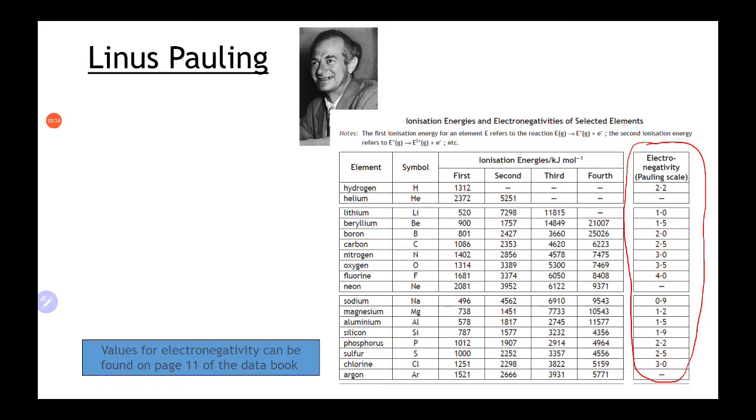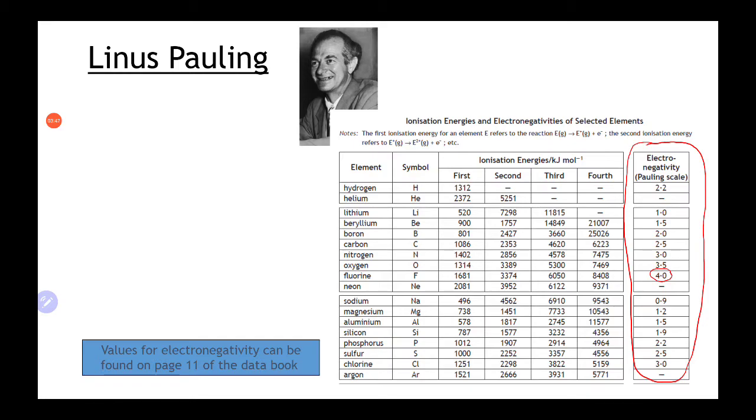For example, if we look at fluorine, if we go right across to fluorine, the electronegativity value is 4.0. That is the highest electronegativity value in the periodic table. The higher the number, the more likely the electrons are going to be attracted to that particular element.